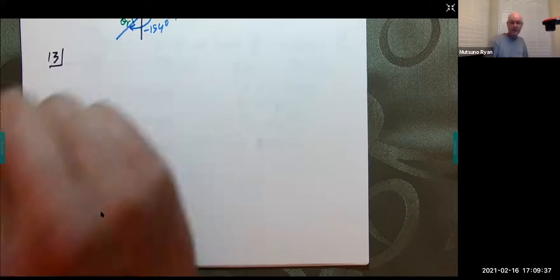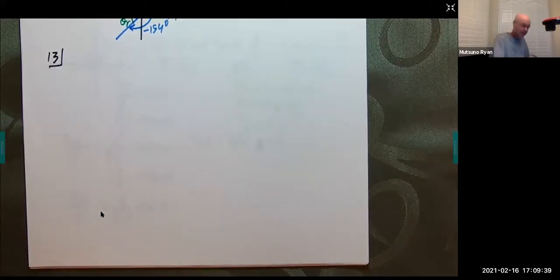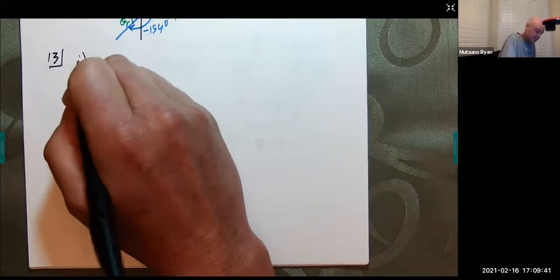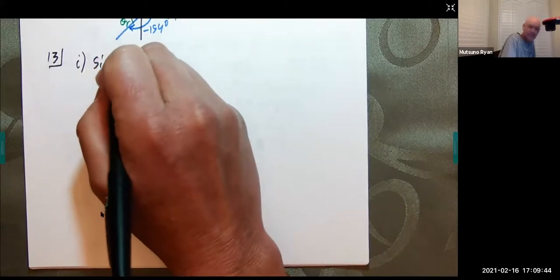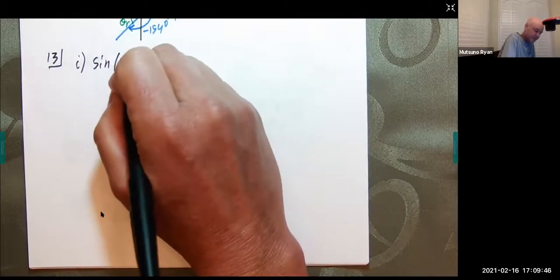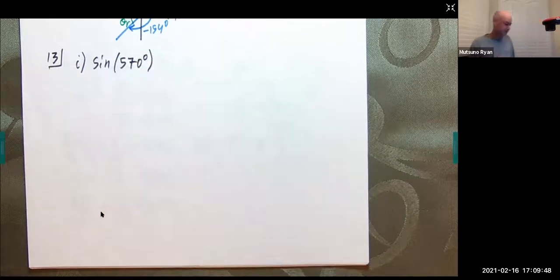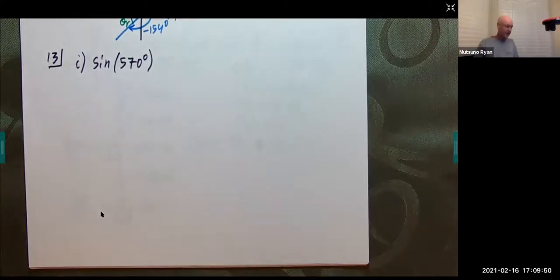Number 13 is 2 parts. We are looking for the exact value of sine 570 degrees. So we're going to have to do a few things here. I've got to find its coterminal between 0 and 360, and I need to find its reference angle.